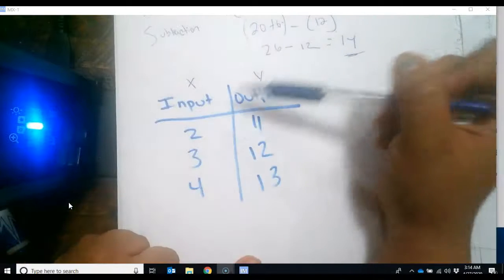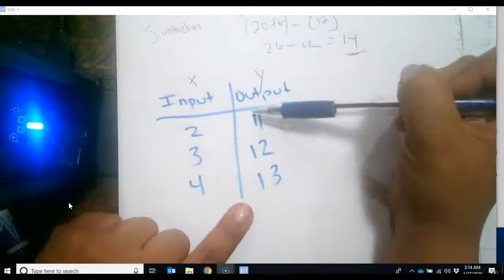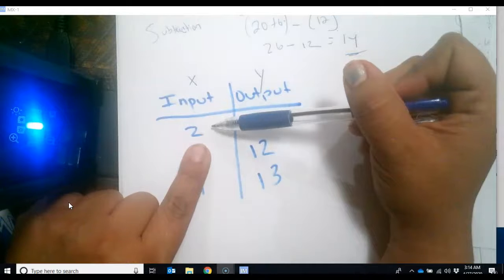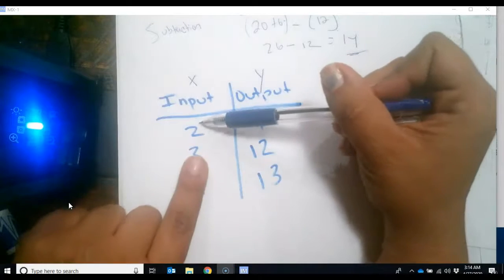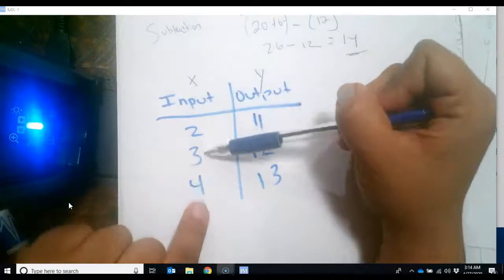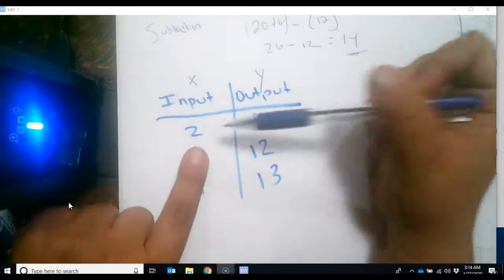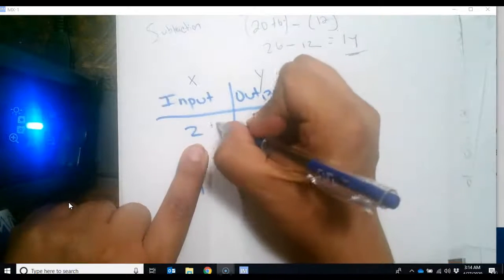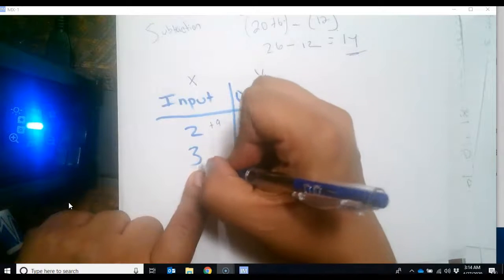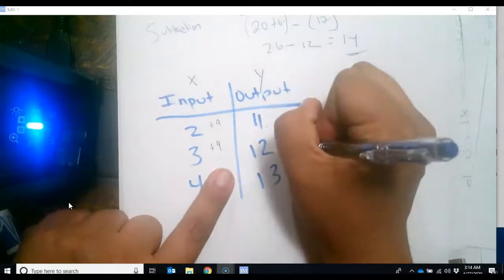In this case, I need to try to figure out the pattern. So what I can do is go, okay, well, 2 to 11, I can think of adding 9. And then you would have to try the rule. Will I add 9 to x, or to the input, every time to get the output? So let's try it. 2 plus 9 equals 11. Now let's see if it works with the 3. 3 plus 9 equals 12. Oh, it did.